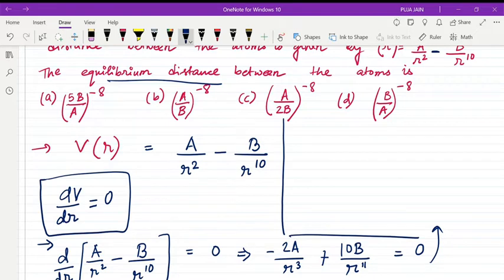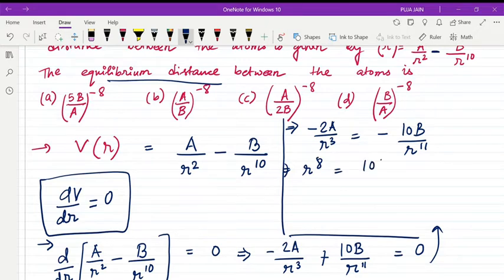So now this is minus 2a by r cube, that is equals to minus 10b by r to the power 11. So we will get r to the power 8 equals 10b by 2a, that is 5b by a.